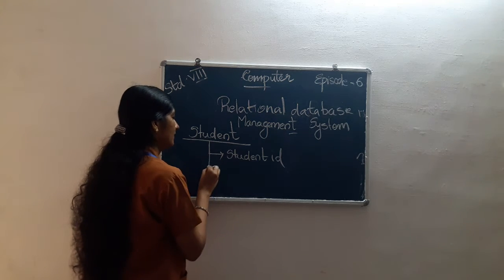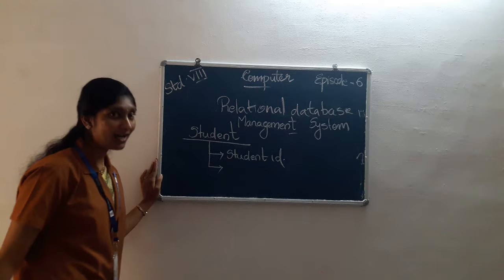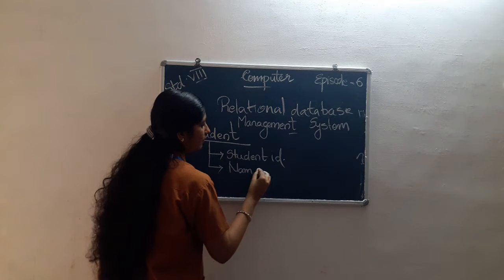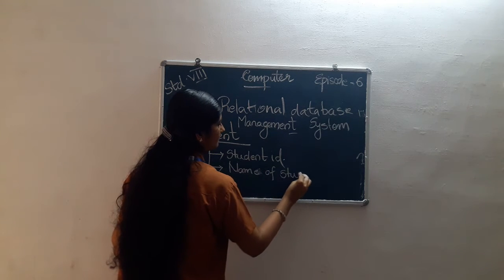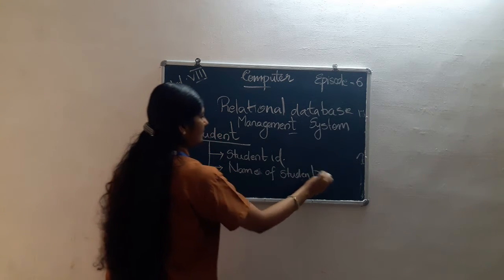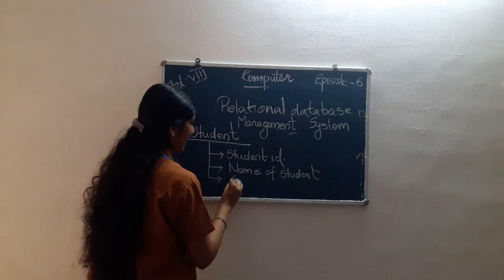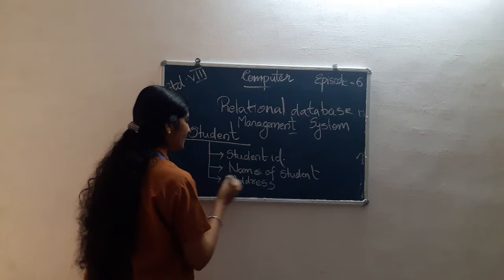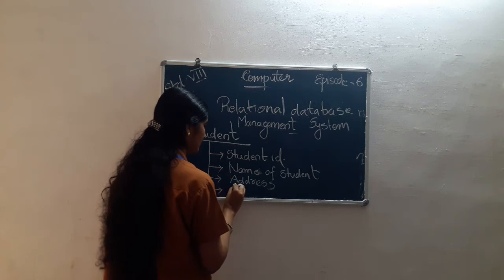Second one, name. So student ID is one data. The next is name of that student. Next is address. Another detail. Then another one, age or date of birth.